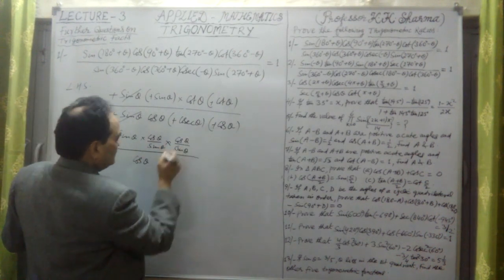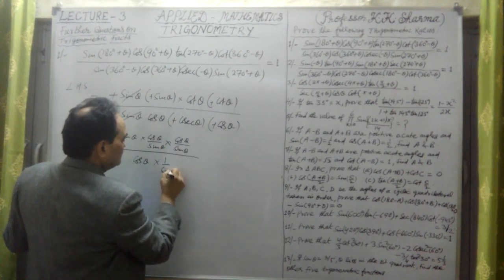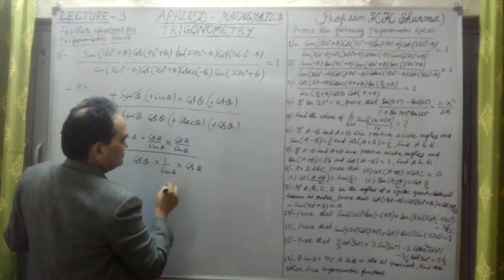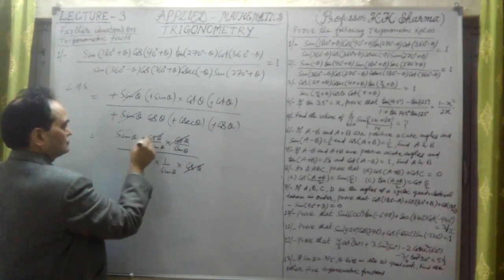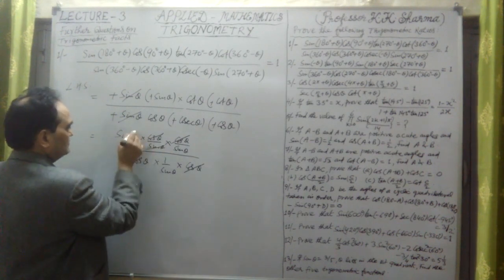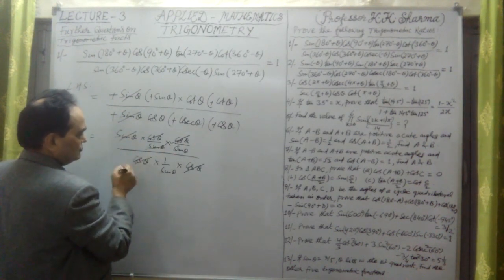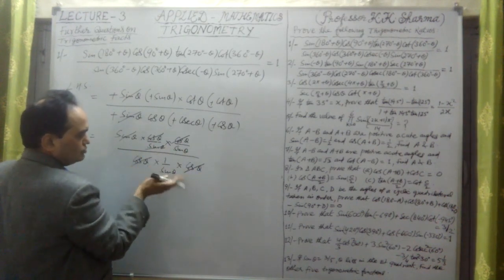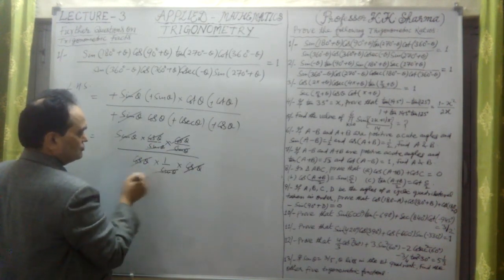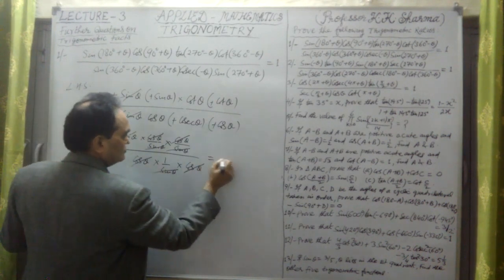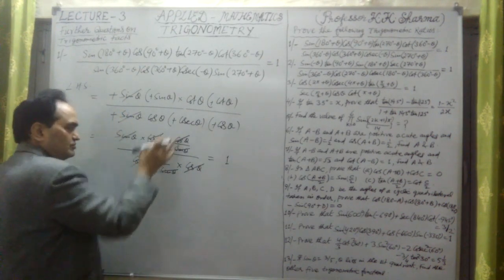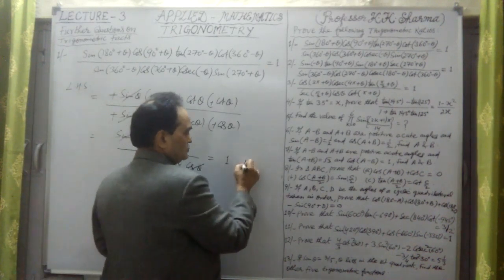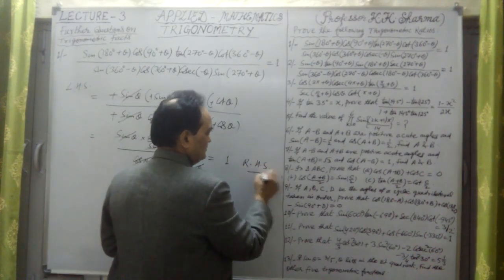Cosec means 1 upon sin theta, so cosec is 1 upon sin theta with cos theta. These two cos theta cancel out, 1 sin theta cancels out, and in the numerator upon denominator this sin theta also cancels out. All are cancelled out. This is 1 here, same thing upon same thing. This will be 1. This is the right hand side, we have got it.